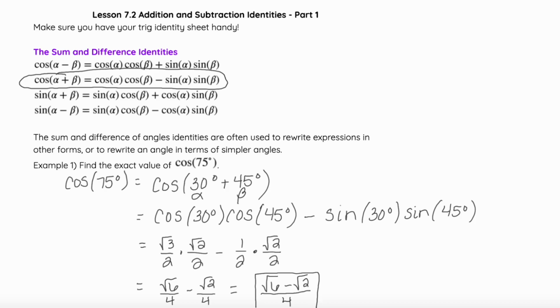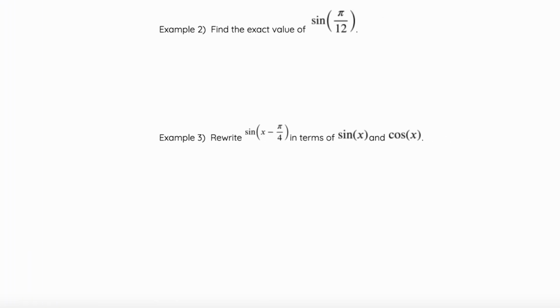We even can do this when we're talking about radians. So find the exact value of sine of pi over 12. So we might have to be a little creative here, thinking about the values that I know around the unit circle. So I also know that perhaps if I did 4 pi over 12 and I subtract 3 pi over 12, that gives us 1 pi over 12.